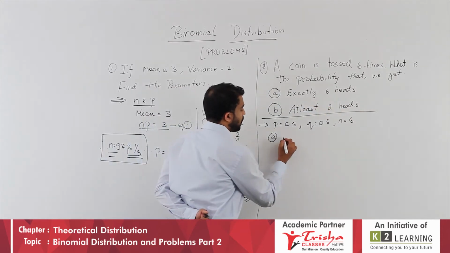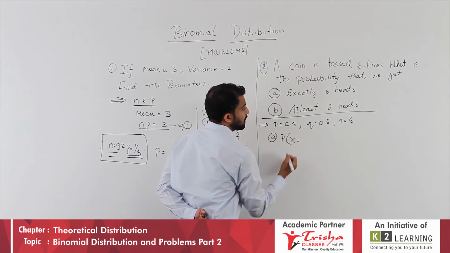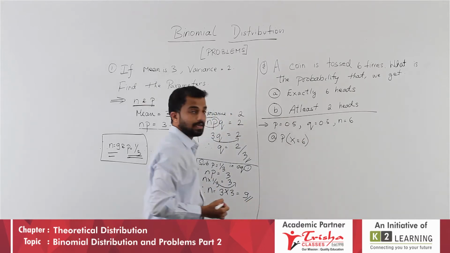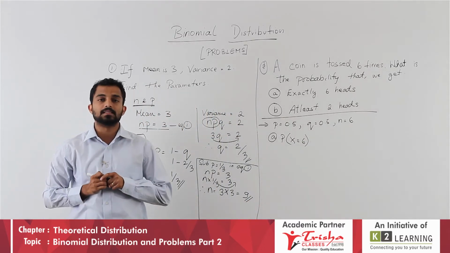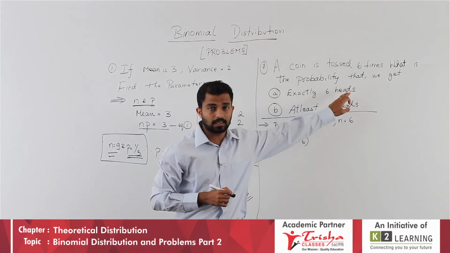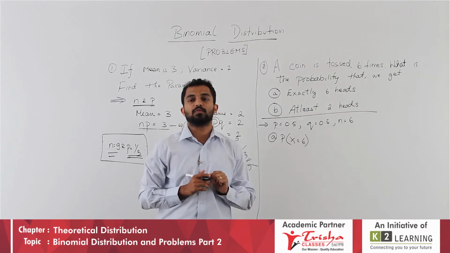That means they want probability of x is equal to exactly 6 heads. P of x is equal to 6. Understand? Because they are asking us exactly 6 heads. So x is equal to 6. That is what we are considering.